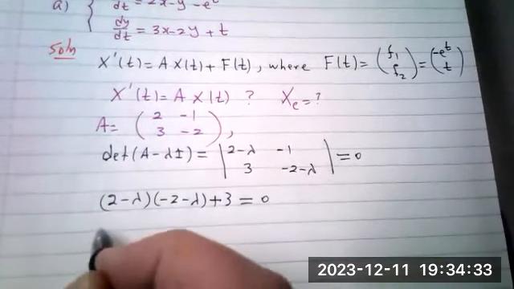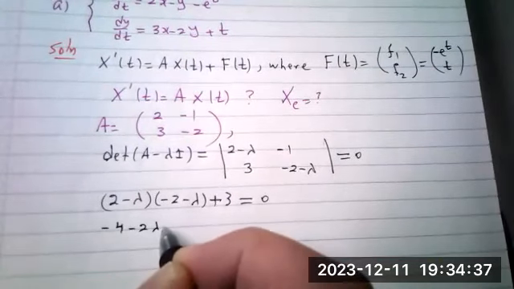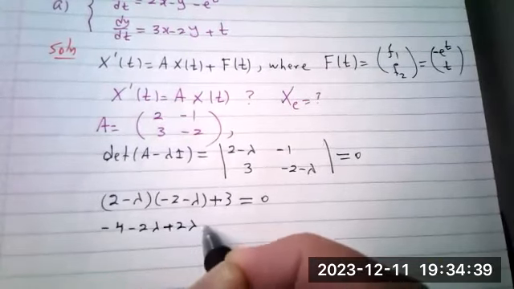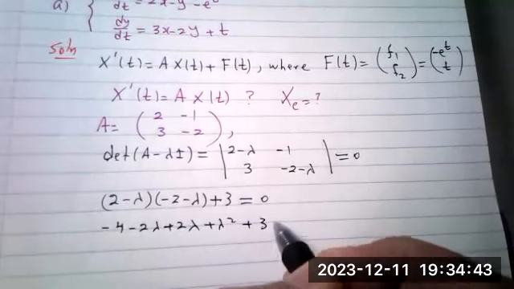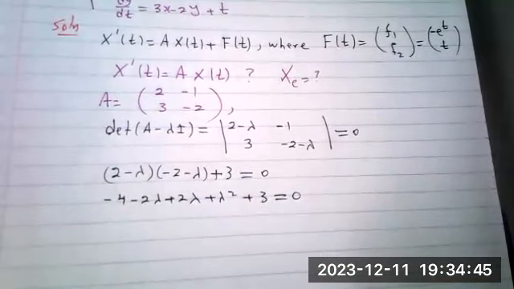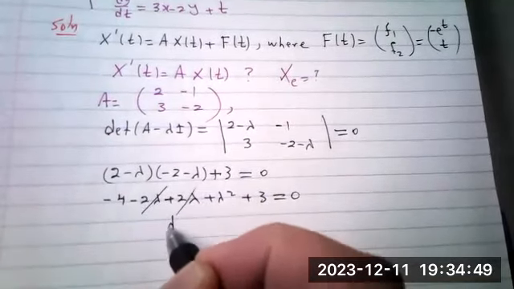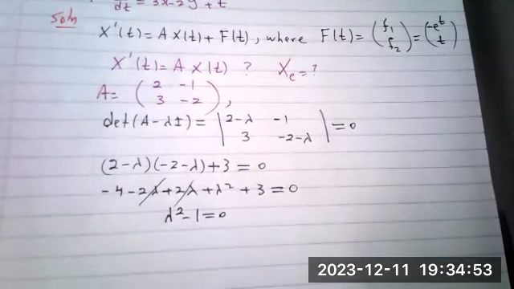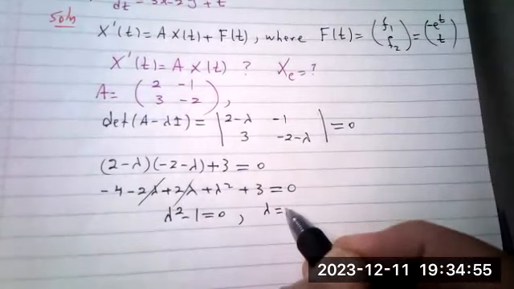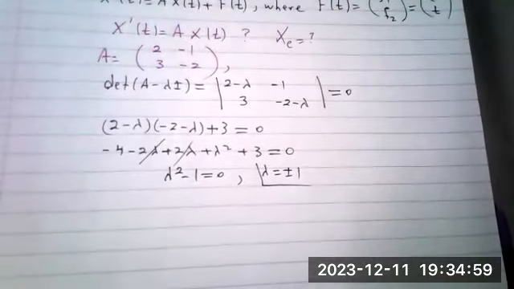Let's multiply: -4 minus 2 lambda plus 2 lambda plus lambda squared, plus 3 equals 0. Combine the like terms, these two cancel out, so we get lambda squared minus 1 equals 0. So we get lambda equal to plus or minus 1. So we have two solutions.